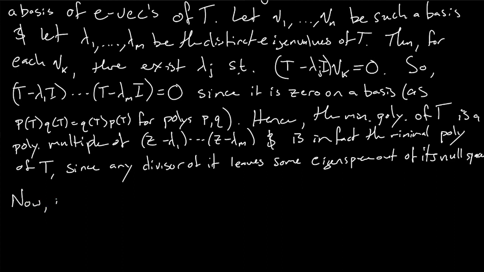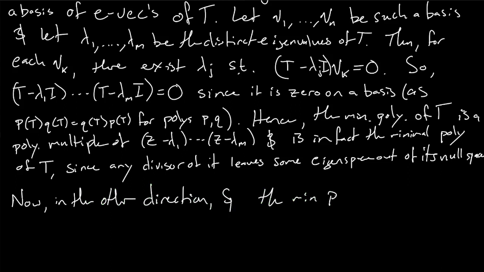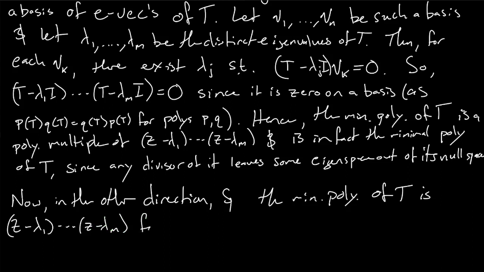Now, in the other direction, suppose the minimal polynomial of T is the product (z minus lambda 1) all the way down through (z minus lambda m) for some list of distinct lambda 1 through lambda m in the field.